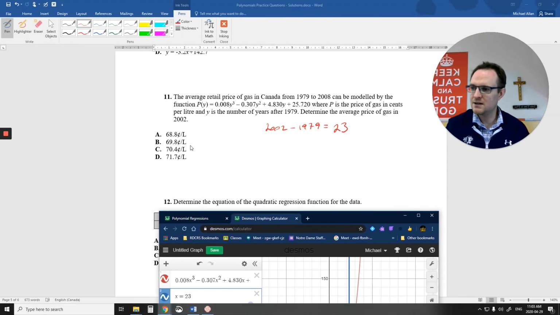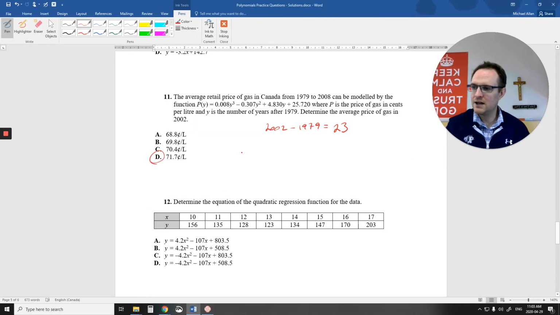Up there, it's D in the situation. Now again, you could just do that by plugging in 23 into this equation here. So I'll write this whole thing out here. I run out of space. There you go. If you type all that in your calculator, you should get 71.7.